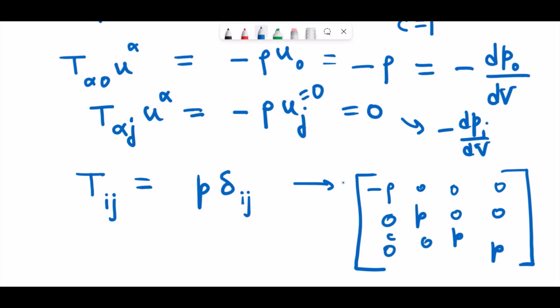Right? Here should be a 0, 0, 0. So that's that. This is what the stress energy momentum tensor looks like for a perfect fluid.